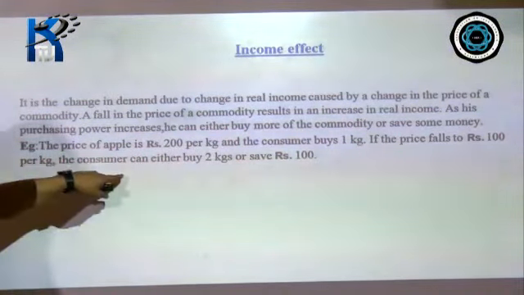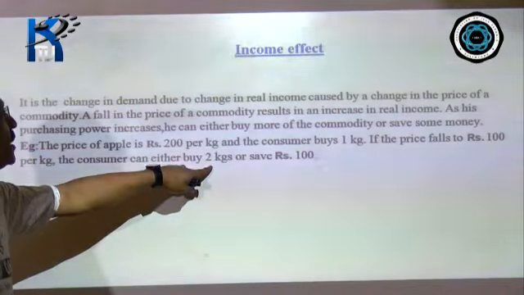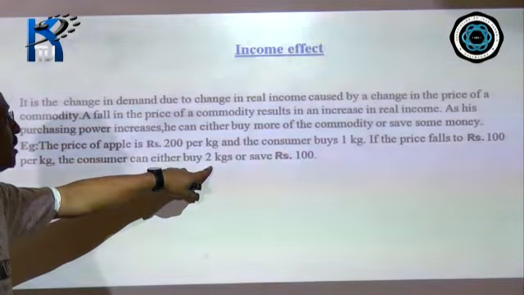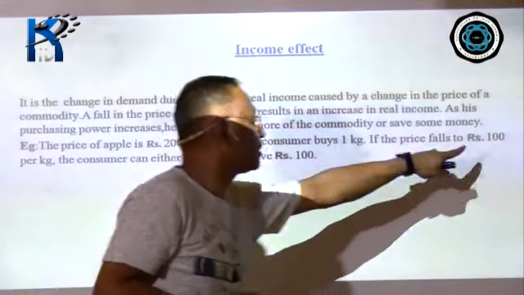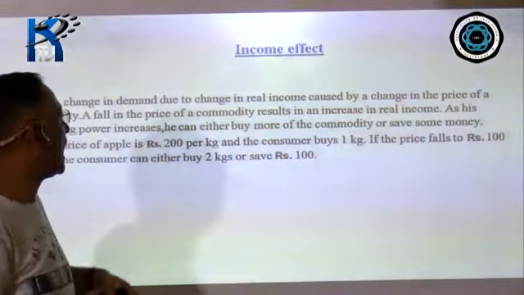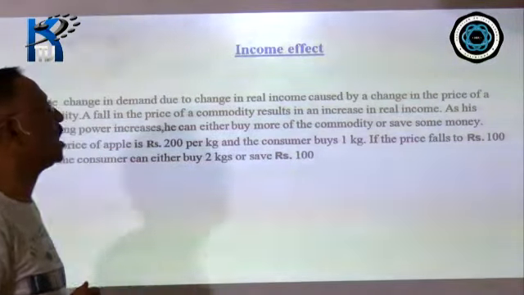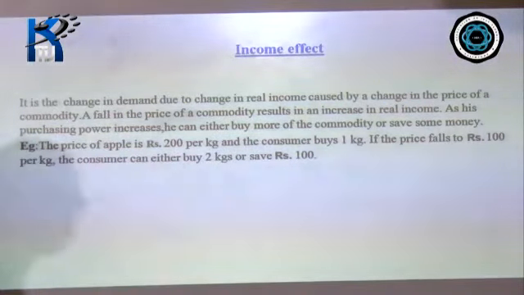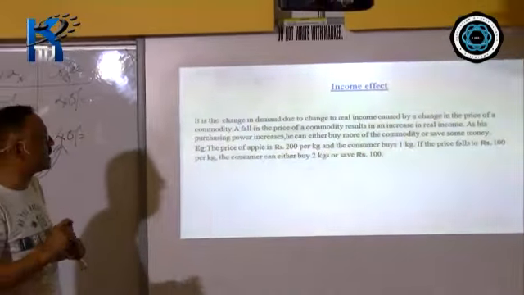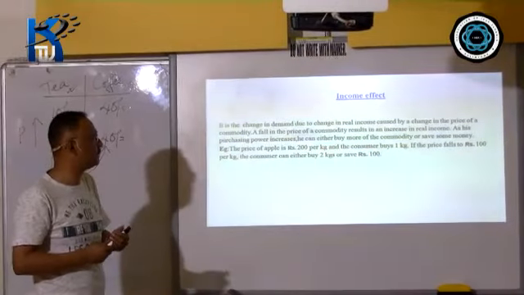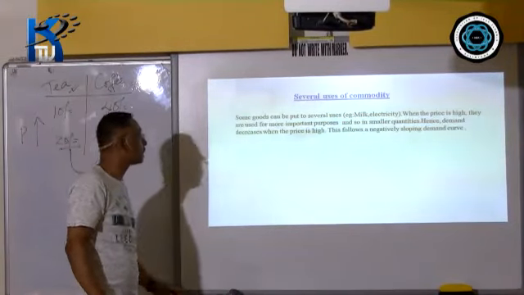The consumer can buy 2 kgs, 100 into 2, 200 rupees spent, or you can buy only 1 kg, 100 rupees price, and save 100 rupees out of the 200 rupees. That is, when the price falls, your purchasing power increases, your real income increases, you will either buy more, quantity demanded increases, or you can save the amount.